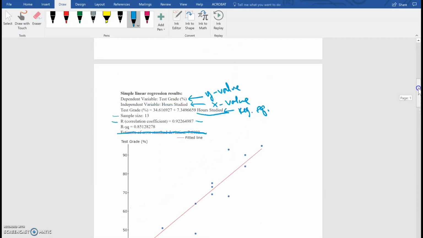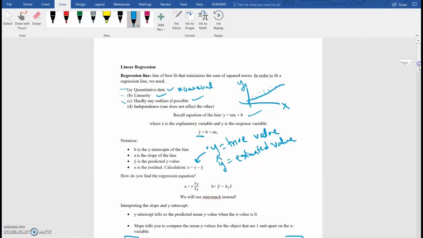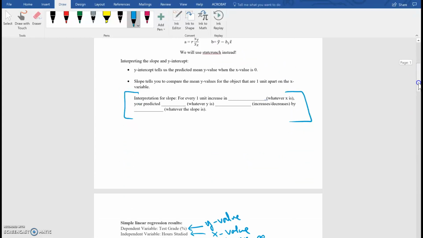So remember, linear regression, to summarize, we want to have a line that best fits our data, right? These are the qualifications that we need our data to be: quantitative, linear, and hardly any outliers. And the only thing that you really need to know is how to interpret the slope and the y-intercept.